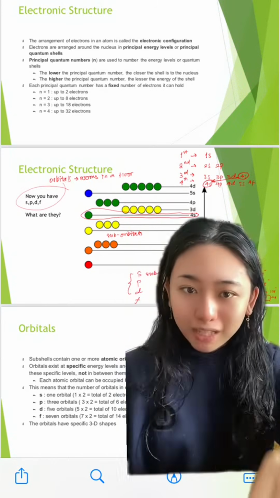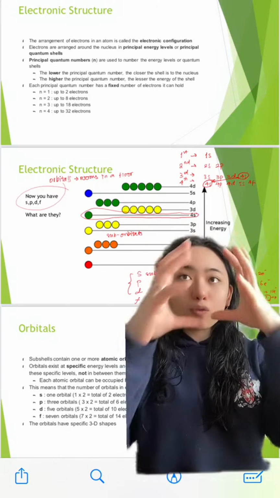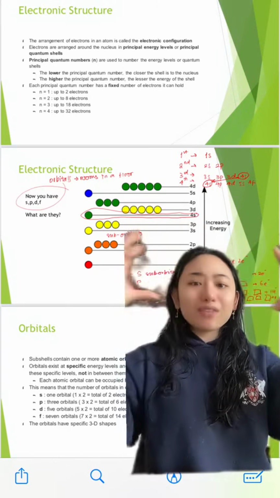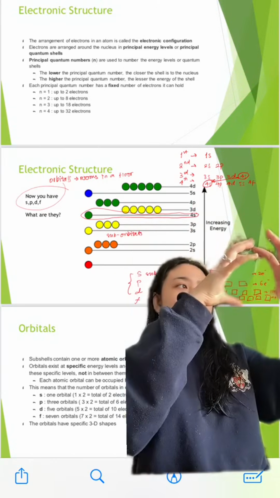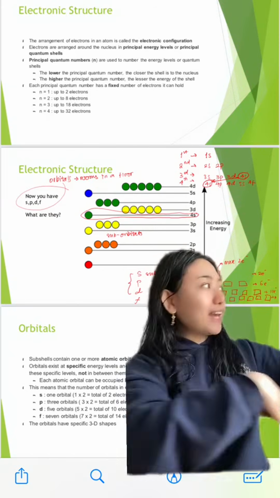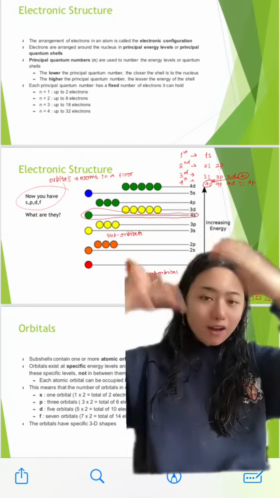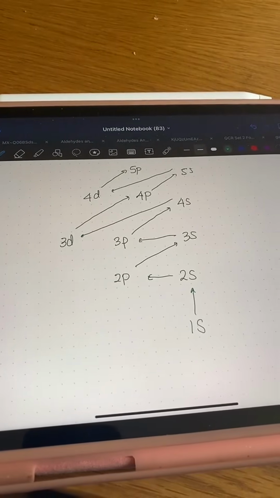So there's a bit of an overlap there. Unfortunately, the builder kept making the same mistake. When we go to the 4th floor, you have 4p, 5s, 4d, 5p, and then 4f, and then 5d. So there are a lot of overlaps there. This is the order it goes in.